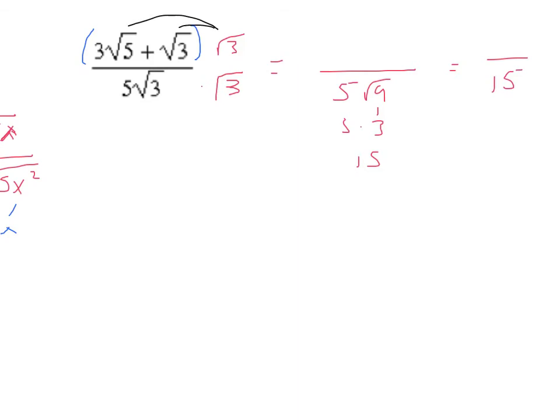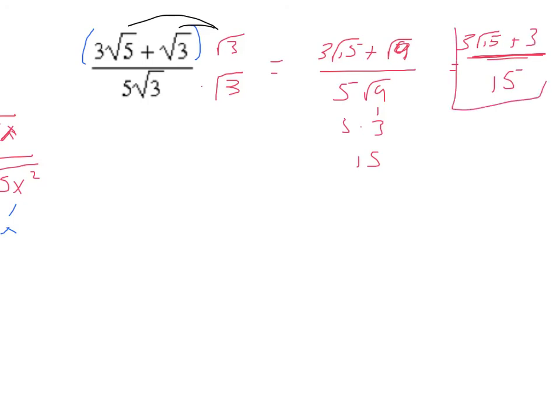So 3 root 5 times root 3 is 3 root 15. Then root 3 times root 3 is root 9. So we have 3 root 15. Root of 9 is 3.